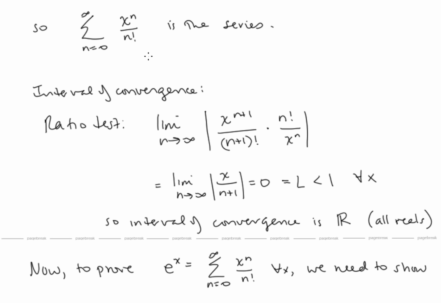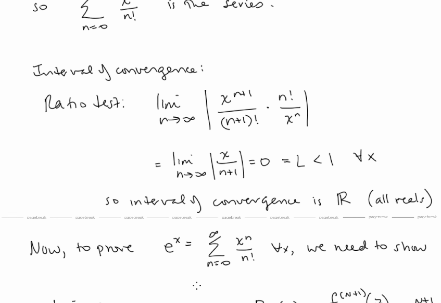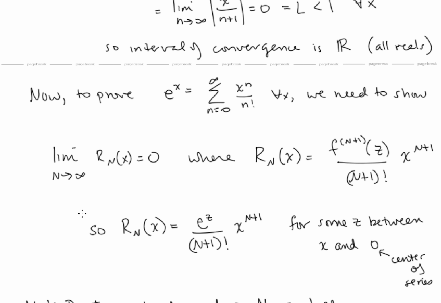So far we know that this series converges for all x values. We just haven't yet proved that it converges actually to e to the x. To prove that, we need to show that the limit as n goes to infinity of r sub n is equal to 0. And we're going to use Taylor's formula to examine that limit.